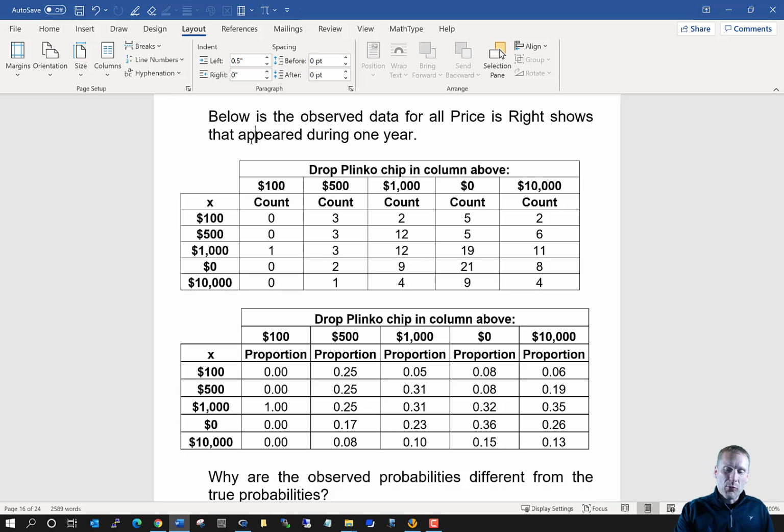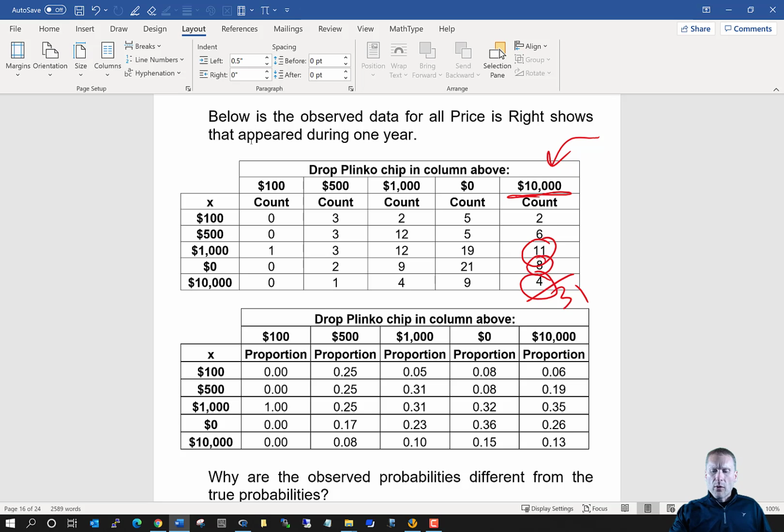So for this one particular year, in terms of people dropping these chips, when the chip was dropped right above the $10,000 slot, 4 times that person won $10,000. 8 times they won $0, 11 times they won $1,000, and so on. And so in total, 31 times it was dropped right in the middle of the board.